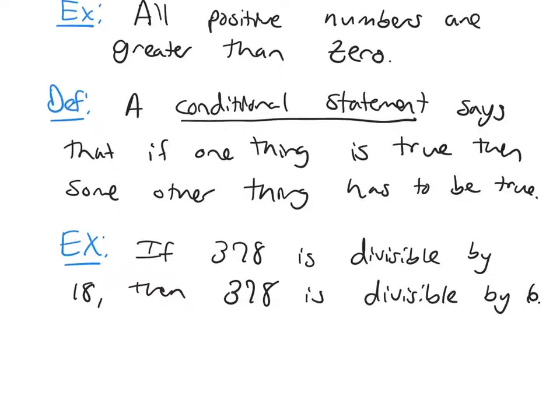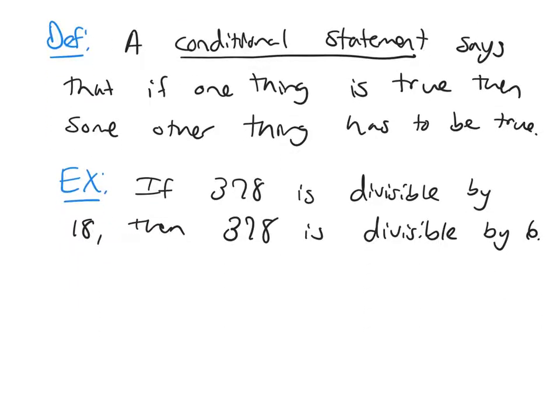So our third type of statement is something called an existential statement.